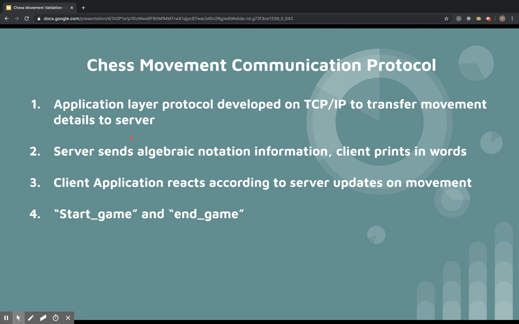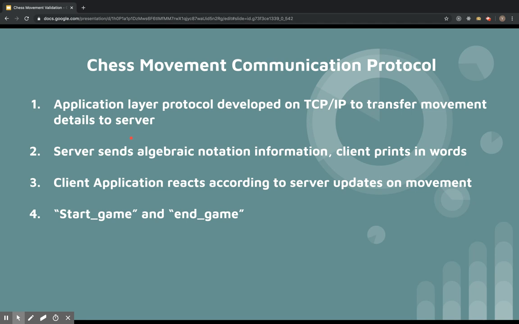The final piece of this paper, in which the recording of the chess game takes place, is that there's a communication protocol built on top of the TCP/IP protocol to transfer movements of this chess game to a server, and the server updates the client-side application in order to react to the updates in the server.